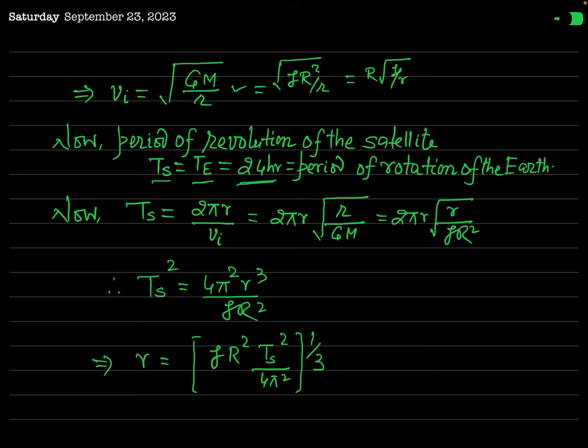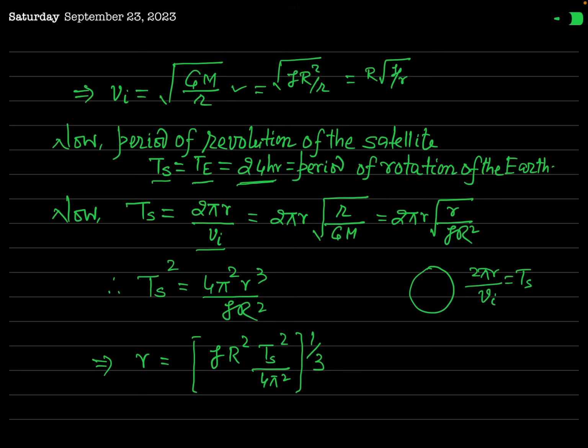Now in one rotation in this circular orbit, the distance covered by the satellite will be 2 pi r, and this distance our satellite covers with a constant speed vi. So when you divide this distance 2 pi r by vi, you will get its time period. So Ts is equal to 2 pi r over vi.